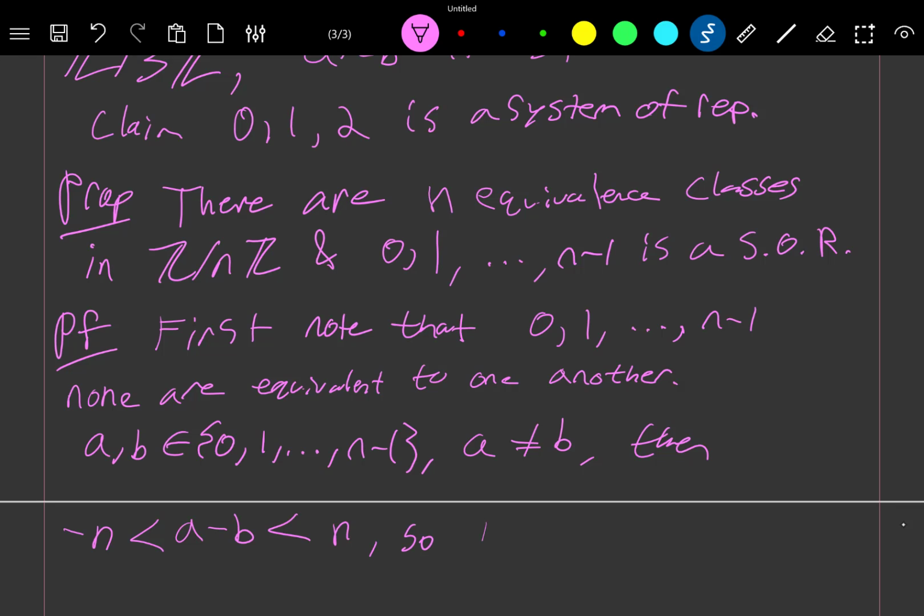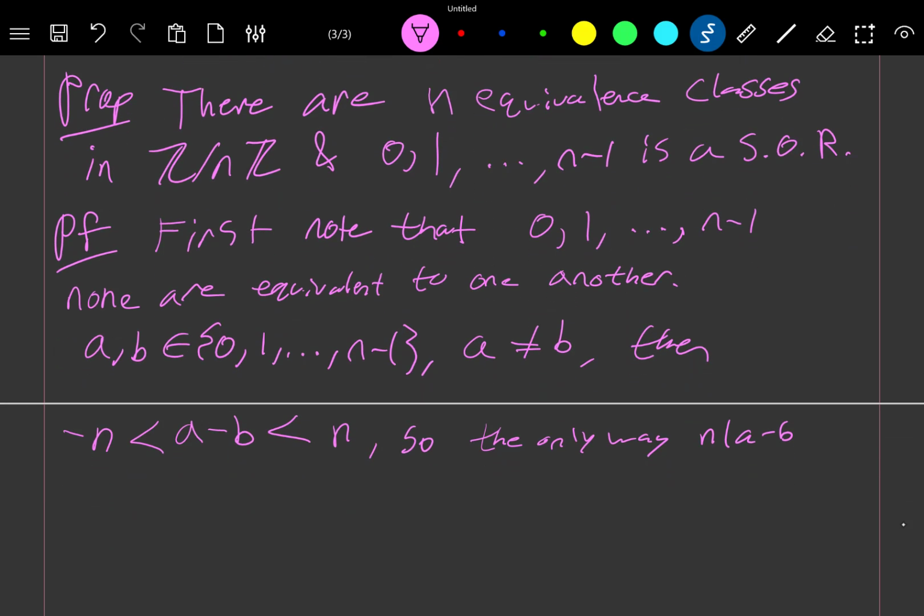So the only way n divides a minus b, since there's no multiple of n strictly between negative n and n other than 0, is if a minus b is equal to 0. So we see that if a is not equal to b, then a is not related to b. So each of these has a distinct equivalence class.